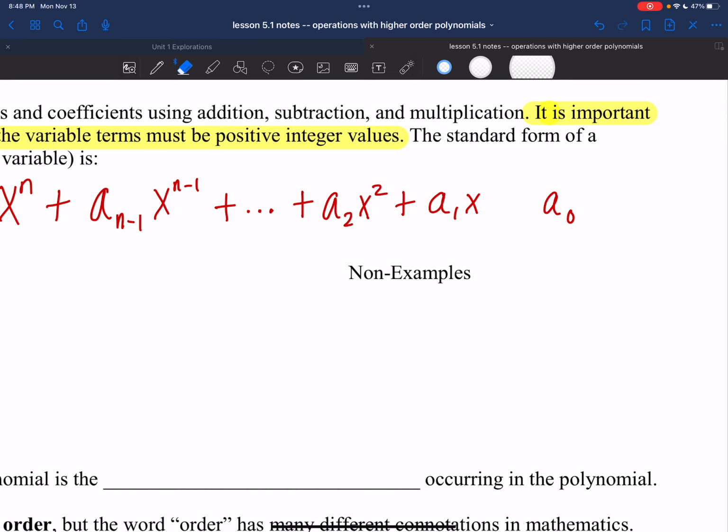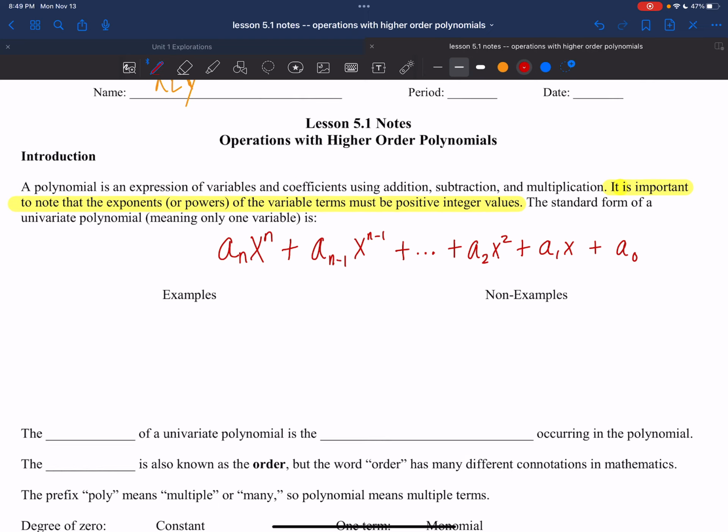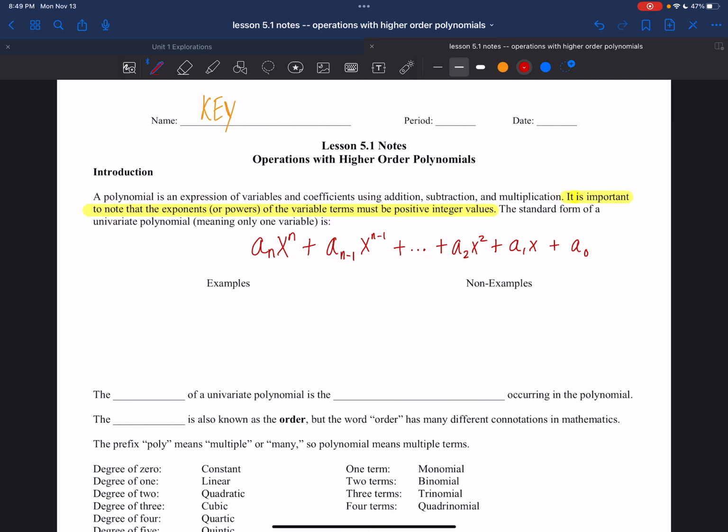And notice, I don't write an x there because it's technically x to the 0, but most things to the power of 0 are equal to 1, okay? And so I don't really need to write that x there. And so I just have my standard form here.